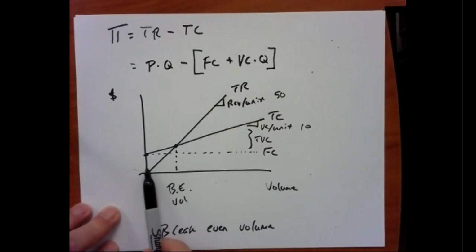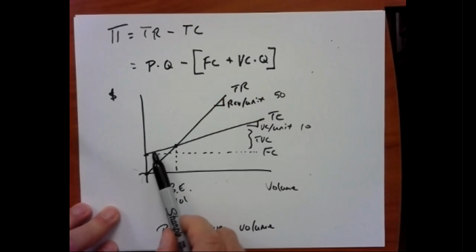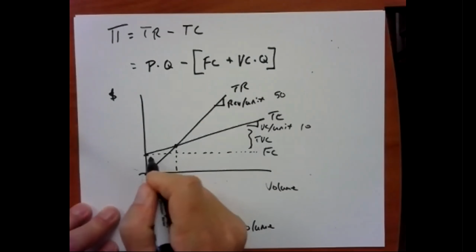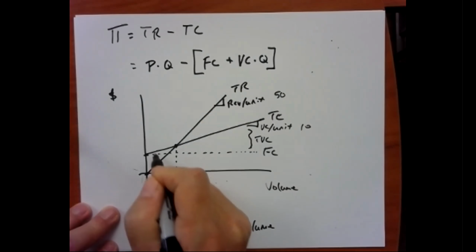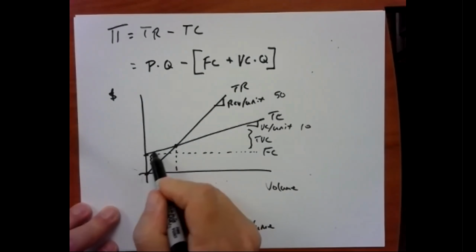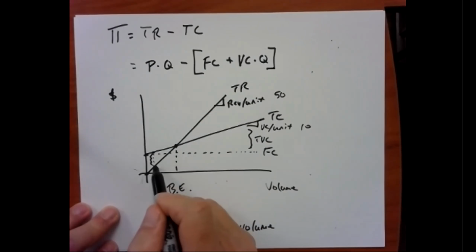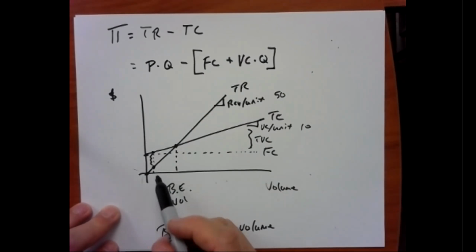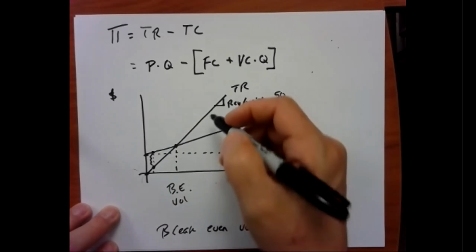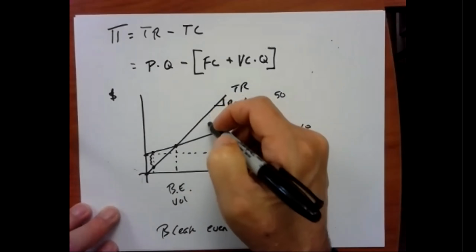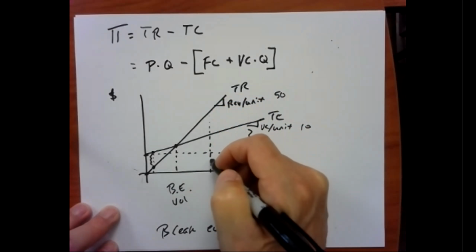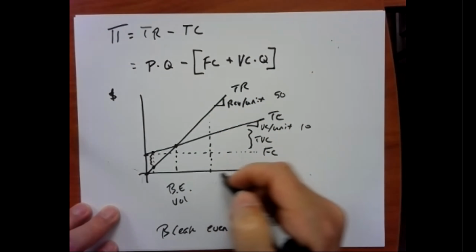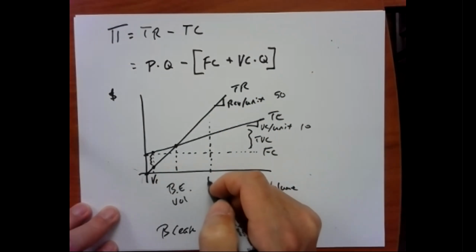To the left of break-even volume, you can see the total cost line is higher than the revenue line. So at this volume, we have costs of this much and revenues of this much. This is a loss. If I'm spending more than I'm bringing in, then that's a loss. To the right of the break-even volume, whatever this volume is, let's call that V1 and this V2.